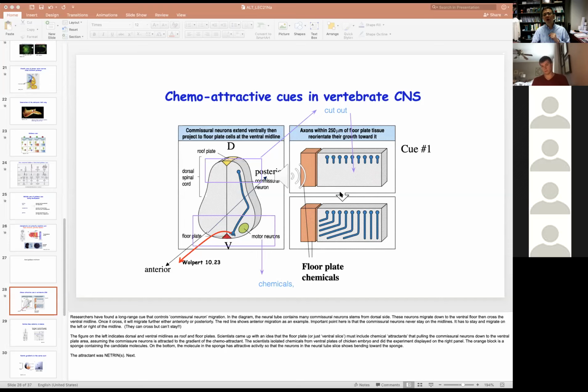You did 10 different experiments like this. Let's say, if you don't like number 9, then let's choose number 7. So the number 7 chemical is causing this kind of activity, then the number 7 chemical is the attractant. Okay, got it. Right. So that's how they were able to find netrin over here.